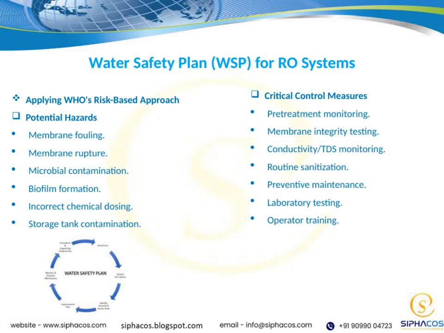Laboratory testing and thorough operator training round out the essentials. We apply the World Health Organization's risk-based approach to identify potential hazards like membrane fouling, rupture, microbial contamination, biofilm buildup, incorrect chemical dosing, and even storage tank contamination. Staying vigilant on these fronts keeps water safe and systems reliable.